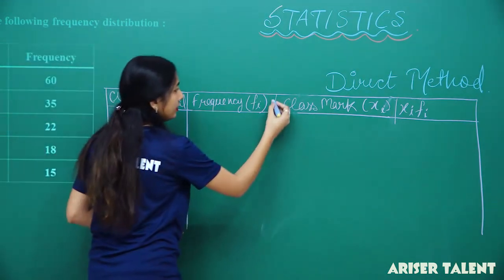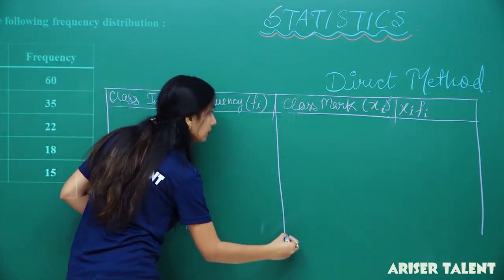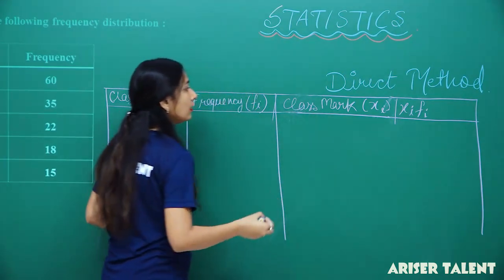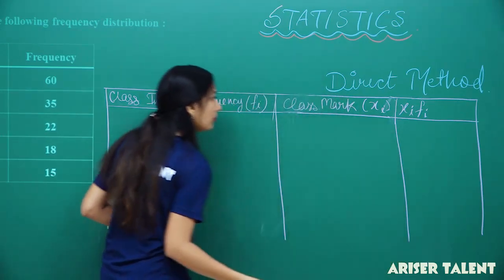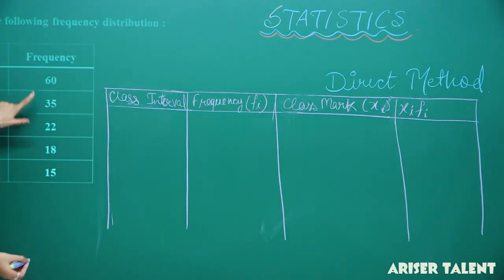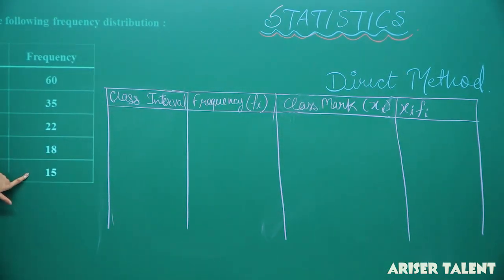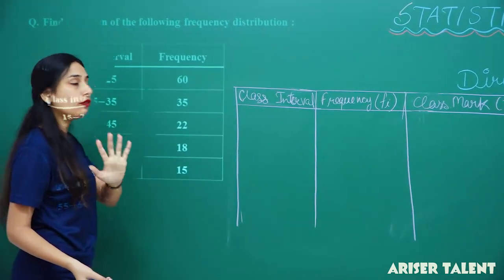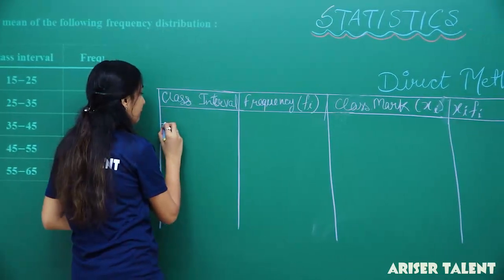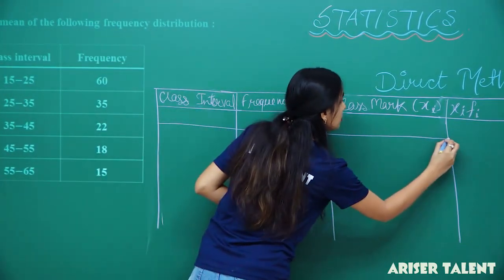And there was our frequency, and that was the class mark. Now how many rows? Because we have created the columns, we have 5 rows here: 1, 2, 3, 4, and 5. So we are creating 5 plus 1.